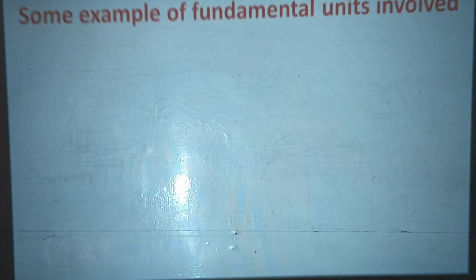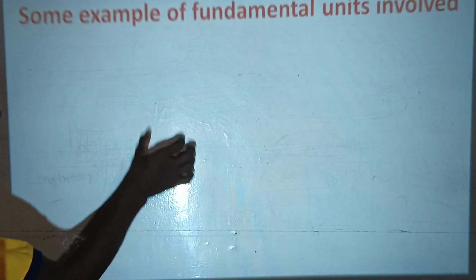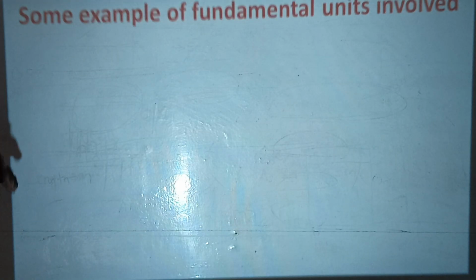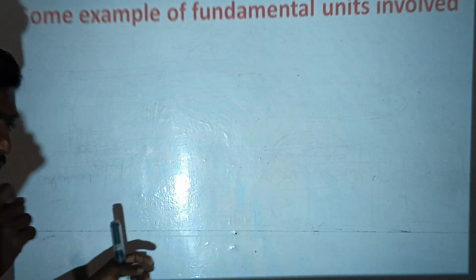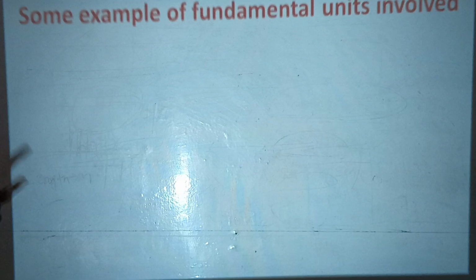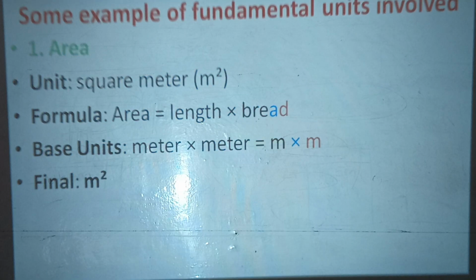Now next, we are going to understand some examples and also how many fundamental units are involved in our derived units. We will understand one by one which fundamental units are involved in a derived unit.